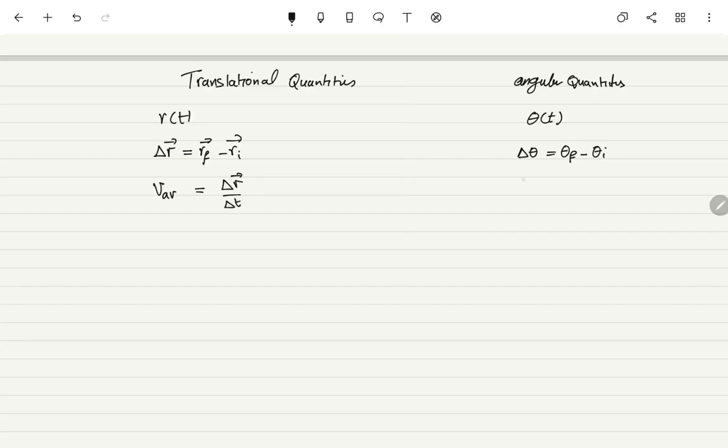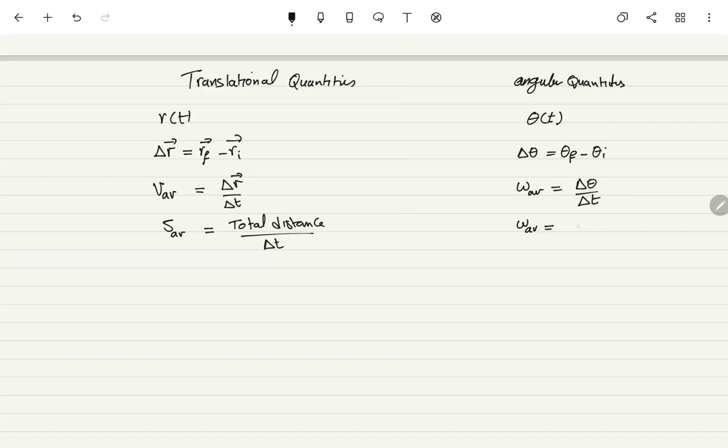Average velocity in angular quantities is defined as omega average, which equals delta theta over delta t. Now average speed is defined as total distance over delta t.